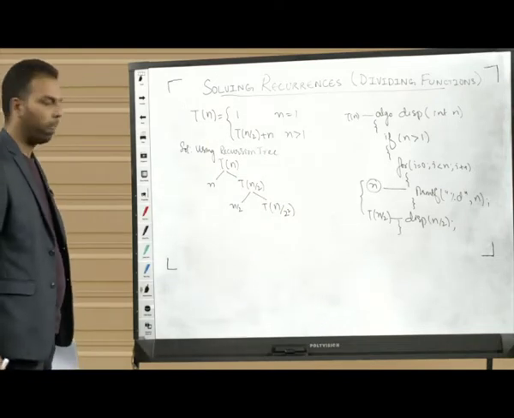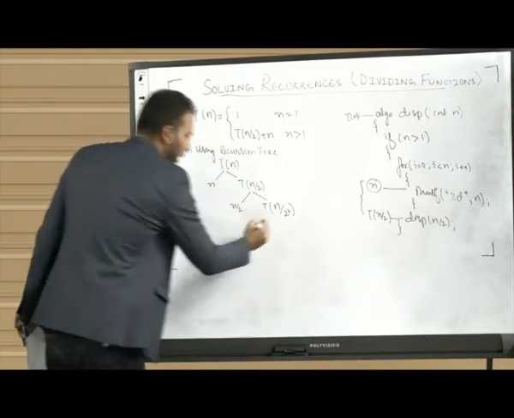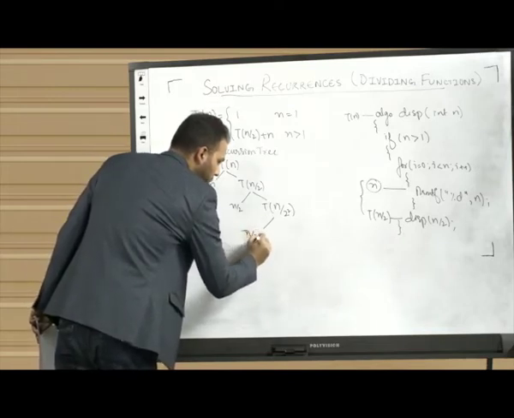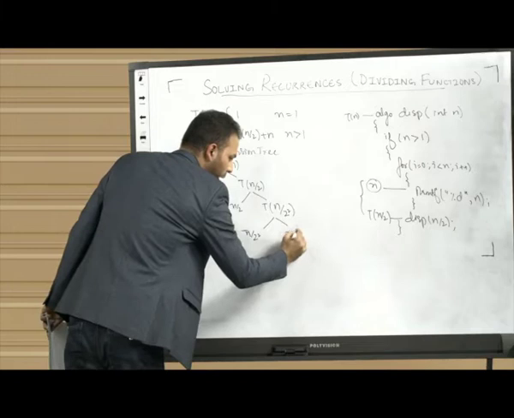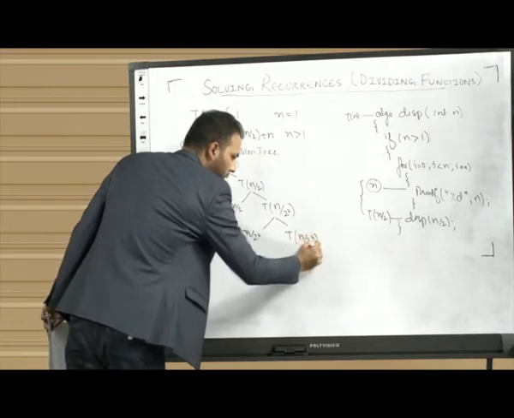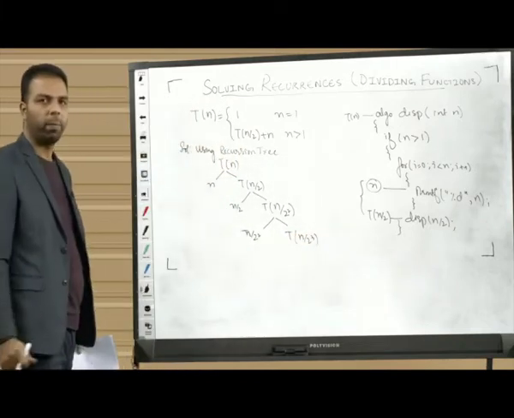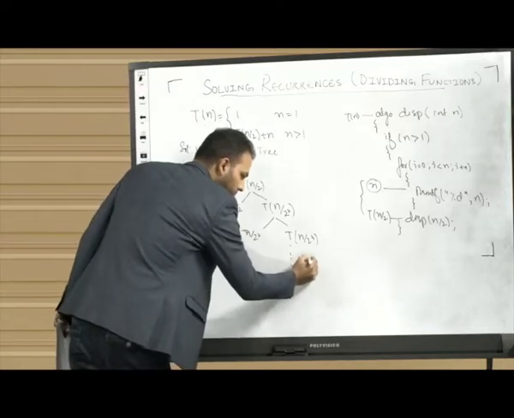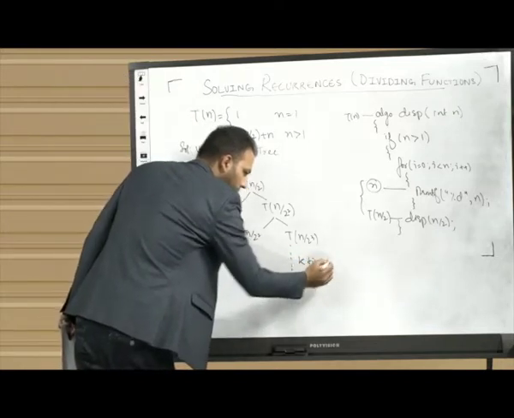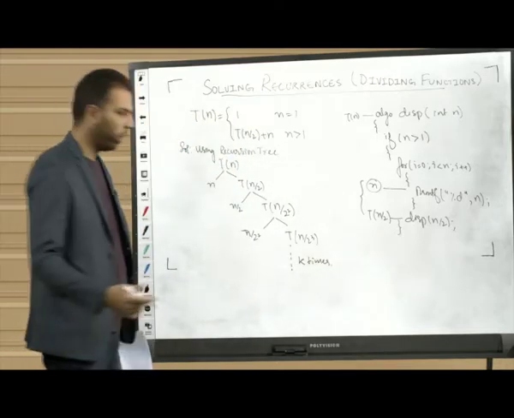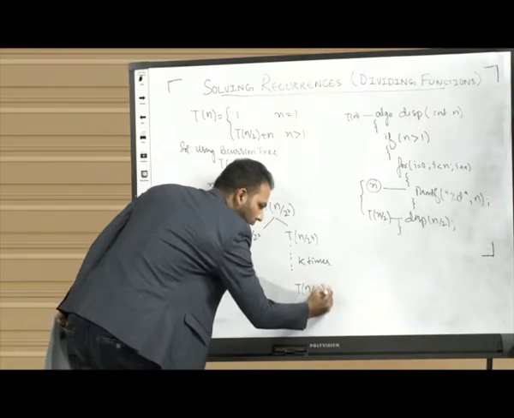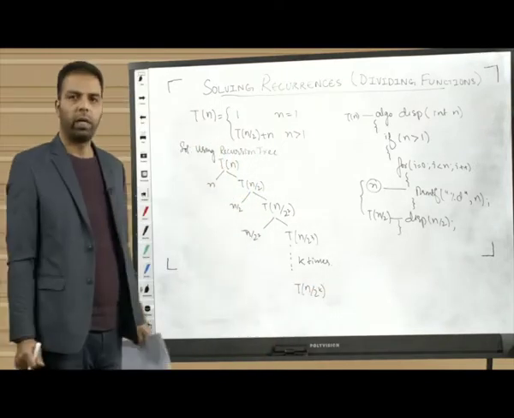Again, it will go for n by 2 square times and it will call n by 2 cube. This will keep on going, say k times, until we reach T of n by 2 raised power k.